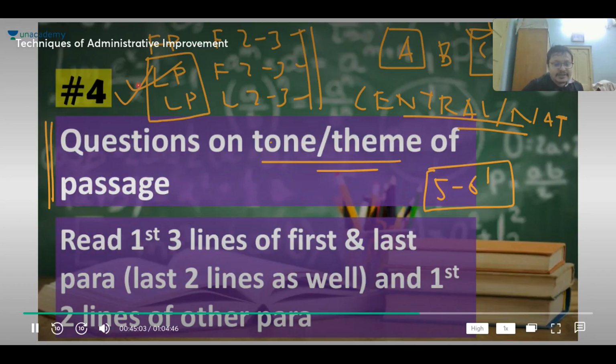In case these five, six lines are hinting at option D, then mark the answer as option D. Again, do not bother about the fact that option B is mentioned somewhere else in the passage. Doesn't matter. The fact that option D is coming out from these five, six lines is all that matters.